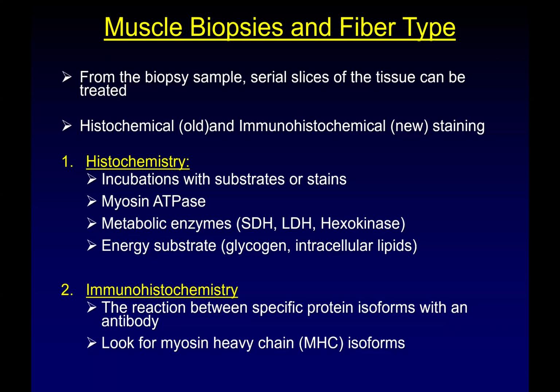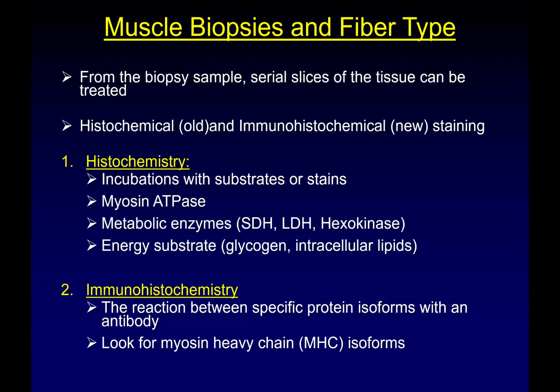Okay. So the old or original way of doing this was something called histochemistry. And this involved looking at the various enzyme functions. The function of the myosin ATPase, the thing that is going to hydrolyze the ATP and let us relax our muscle really quickly.